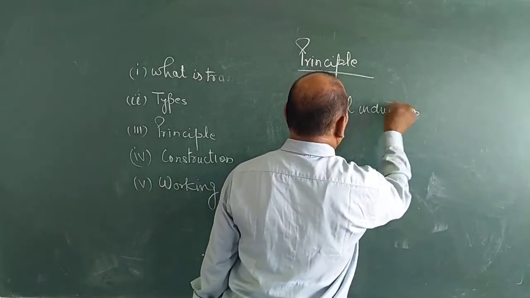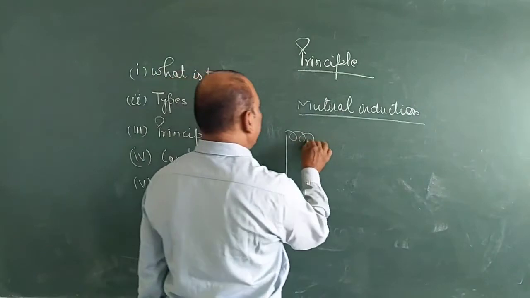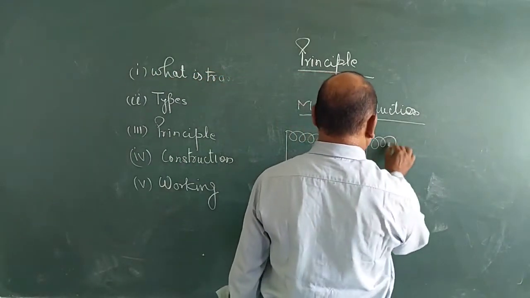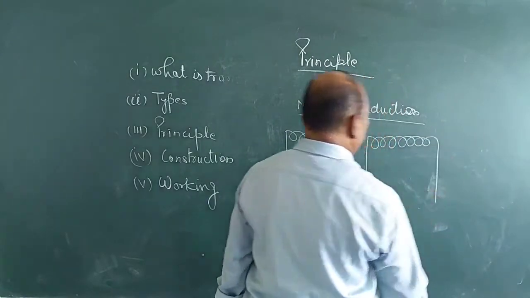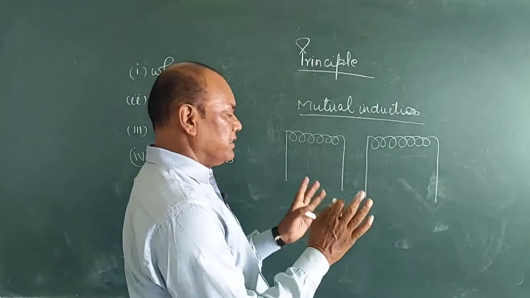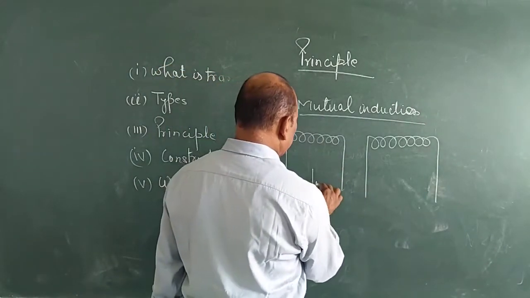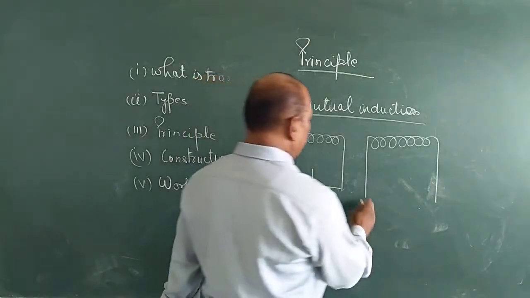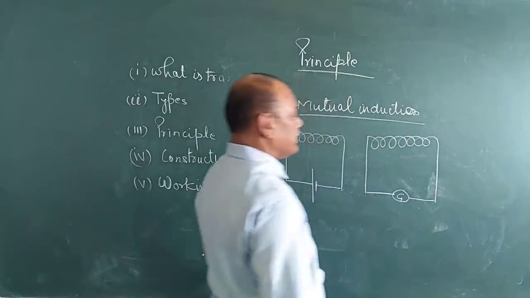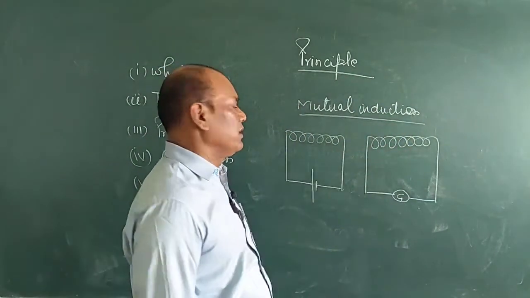What is mutual induction? If we take two coils of different number of turns, and both coils are kept coaxially, just opposite to each other, and one coil is attached to the cell and the other coil is attached to a galvanometer, then this will be called the primary coil and this will be called the secondary coil.